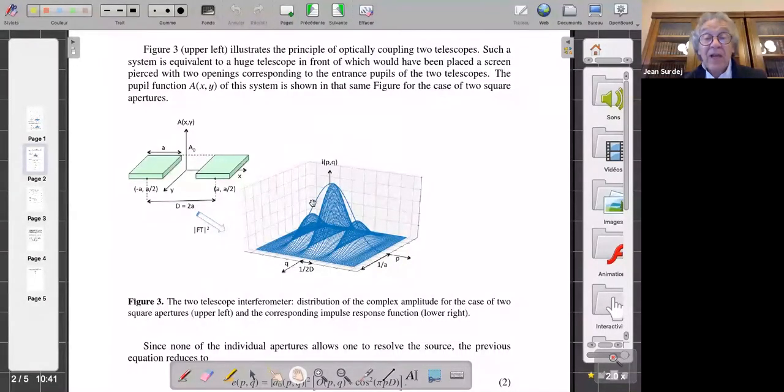The continuous line is the response function of a single aperture, but the presence of the two apertures leads to the cos square terms, giving rise to minima which are much nearer to each other. Here the angular distance between the two minima is lambda over D, where D is the baseline between the two single apertures.